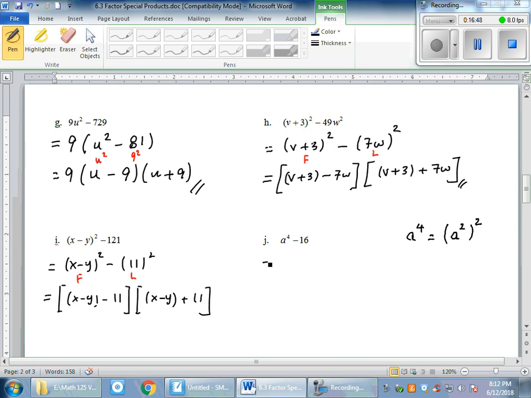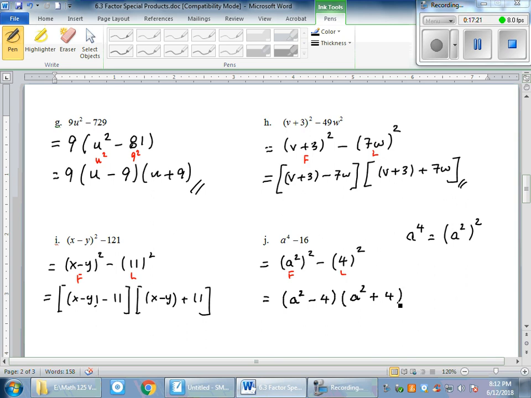So from this one, I can say that it will be a to the second power minus 16, which is a perfect square number, 4 to the second power. So now I can see that this is my first and this is my last. So using the formula, I can factor it out.